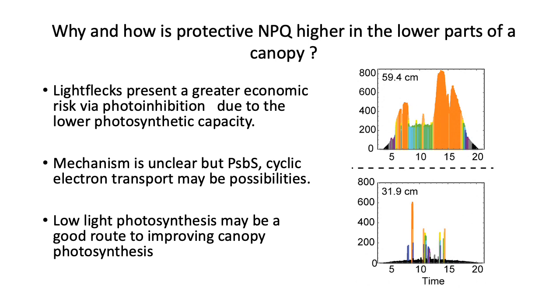The mechanism for this is unclear, but we could look at things like PSBS levels and cyclic electron transport in rice leaves. The overall conclusion is that low light photosynthesis seems to be a very good route for improving photosynthesis, and we should look at the dynamics of photoprotection in these parts of the canopy.